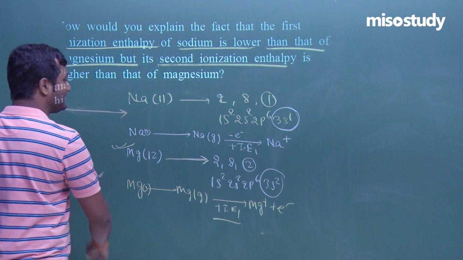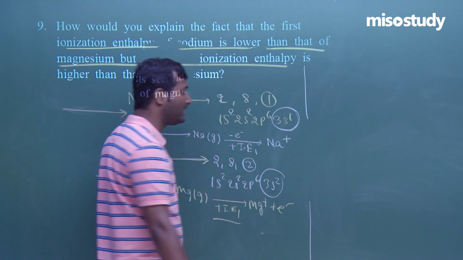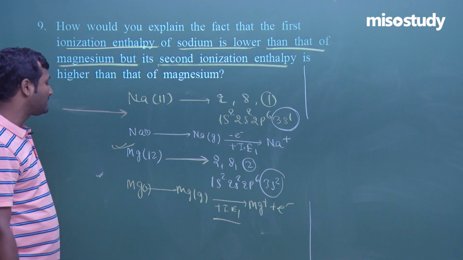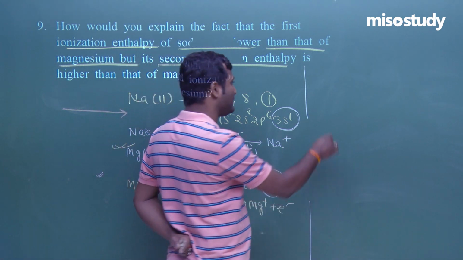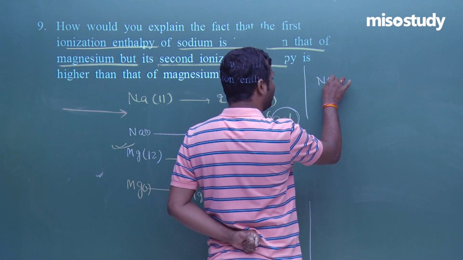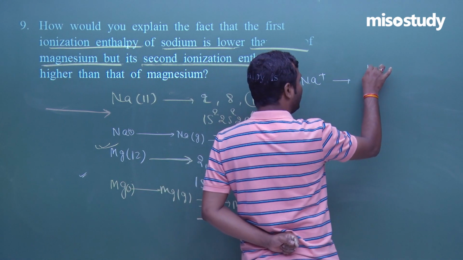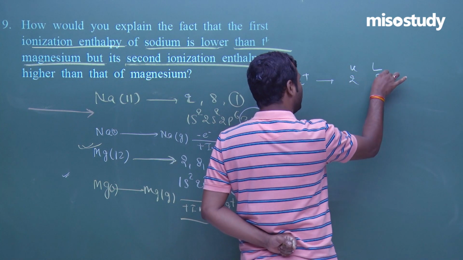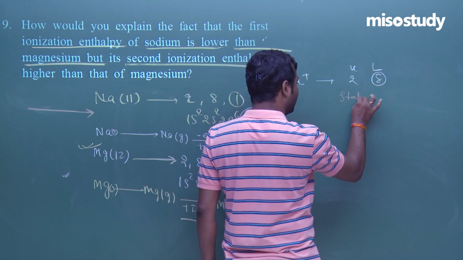So we can say easily that the first ionization energy of Na is more than that of Mg. But what about the second ionization energy? When Na is in plus state, that is Na plus, now it has 2 and 8 electrons. Now it is in complete stable state. Clear to you?